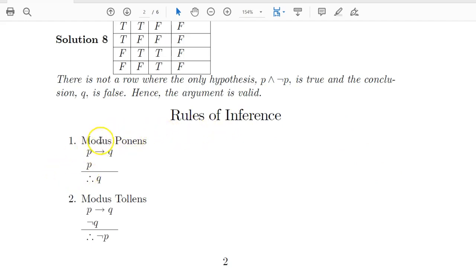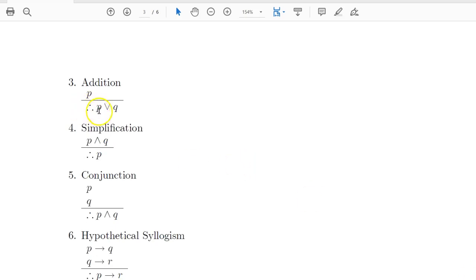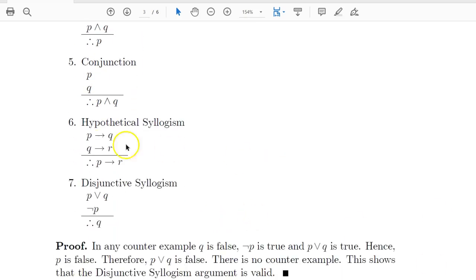And these are the well-known rules of inference: modus ponens, modus tollens, addition, P and therefore P or Q, simplification, P and Q and therefore P, conjunction, P, Q and therefore P and Q, hypothetical syllogism, we proved that this is true before, disjunctive syllogism, P or Q, not P and therefore Q.